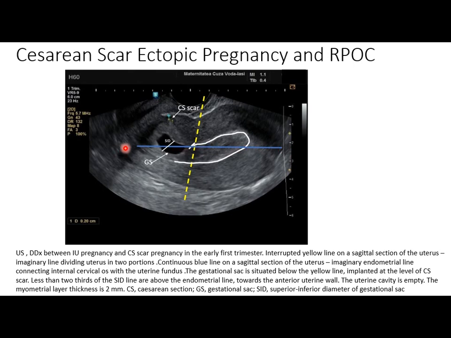If less than 2/3 of the SID, superior inferior dimension, of the gestational sac is above the blue line, it indicates that this is a scar pregnancy. We draw this line through the gestational sac.